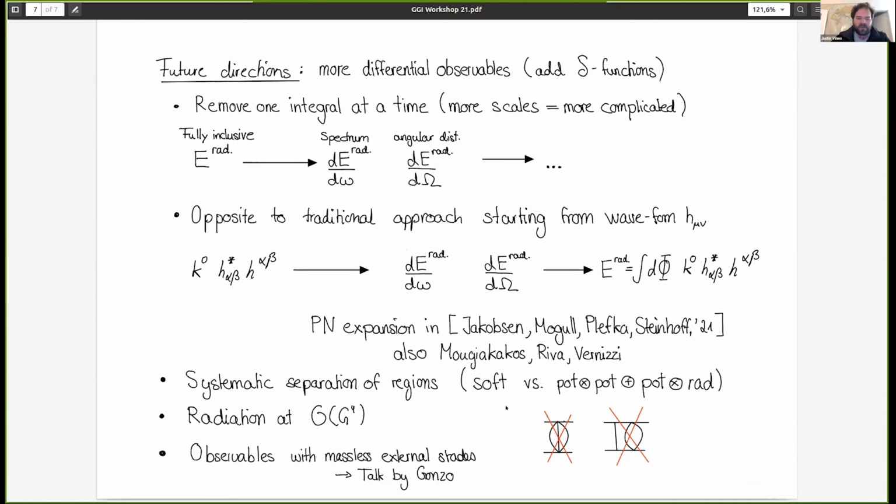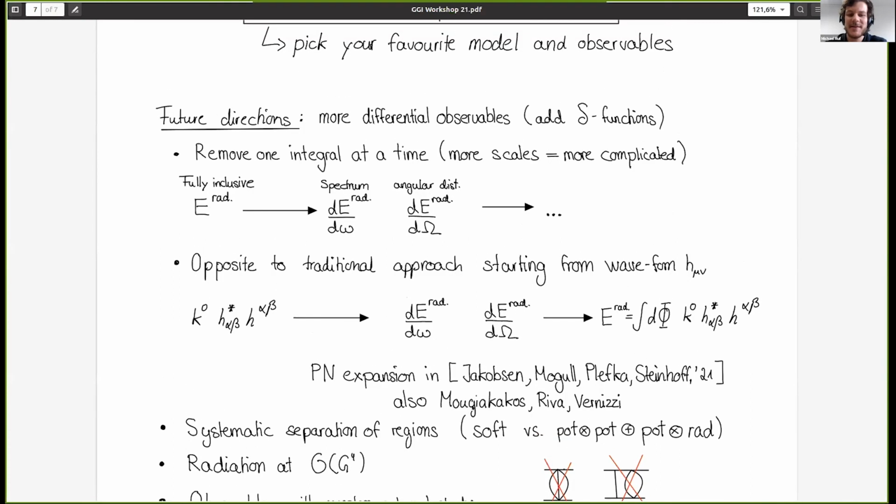And what does the post-Newtonian expansion have to do with just above there, the Jakobsen? The point being that those are only available in post-Newtonian expansion, right? Those differential observables. Yeah. So far.